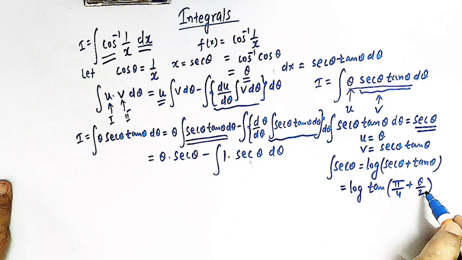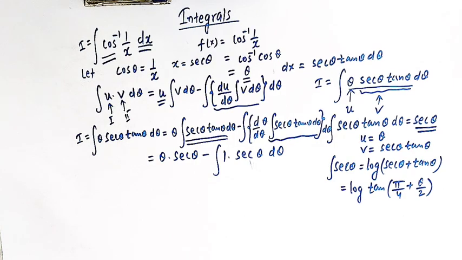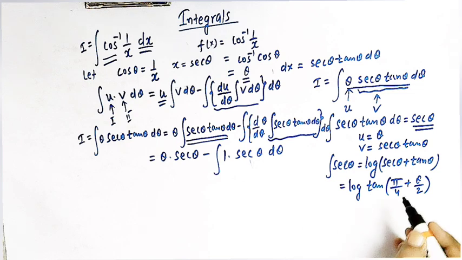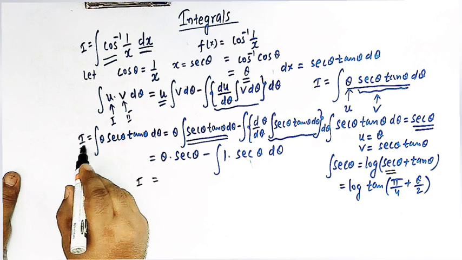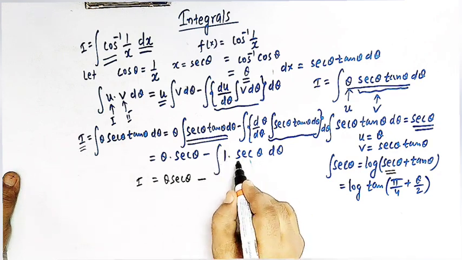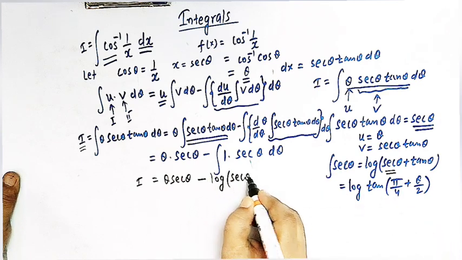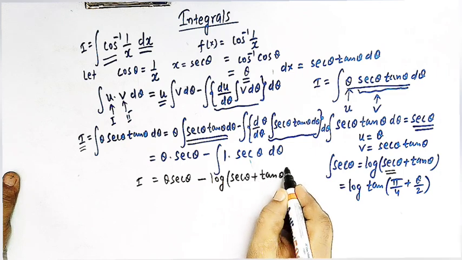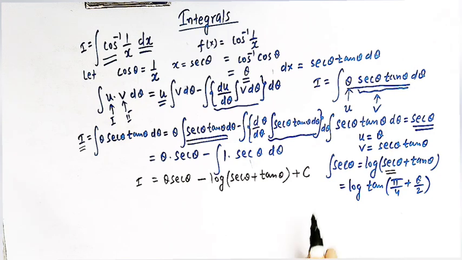So we have two results for the integral of secant theta. Here we'll prefer this result, and we have I equal to theta secant theta minus the integral of secant theta, which is log of secant theta plus tan theta, and here we have the constant of integration c, because we are dealing with indefinite integrals.